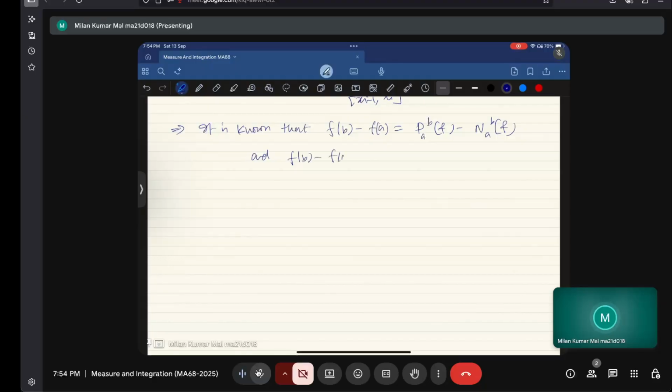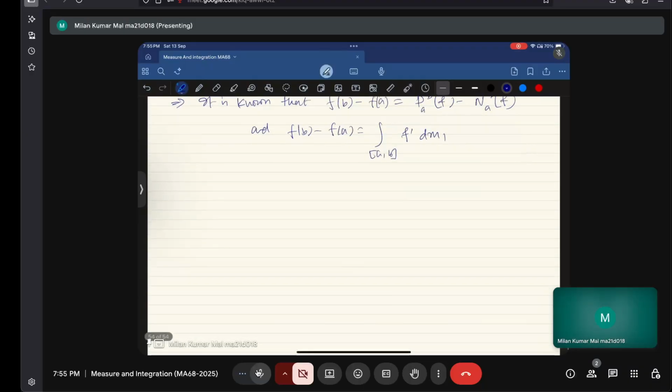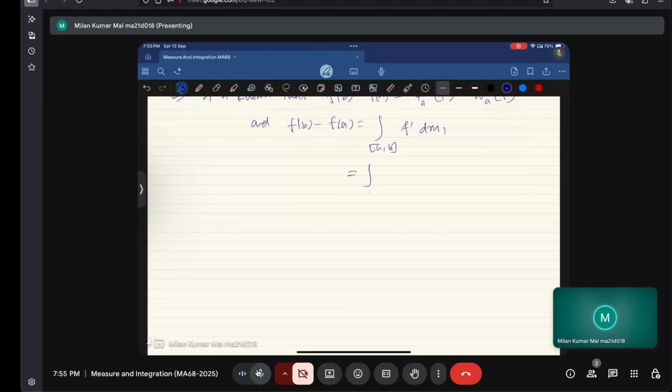f of b minus f of a is equal to the integral from a to b of f dash dm1, which equals the integral from a to b of f dash plus dm1 minus the integral from a to b of f dash minus dm1.